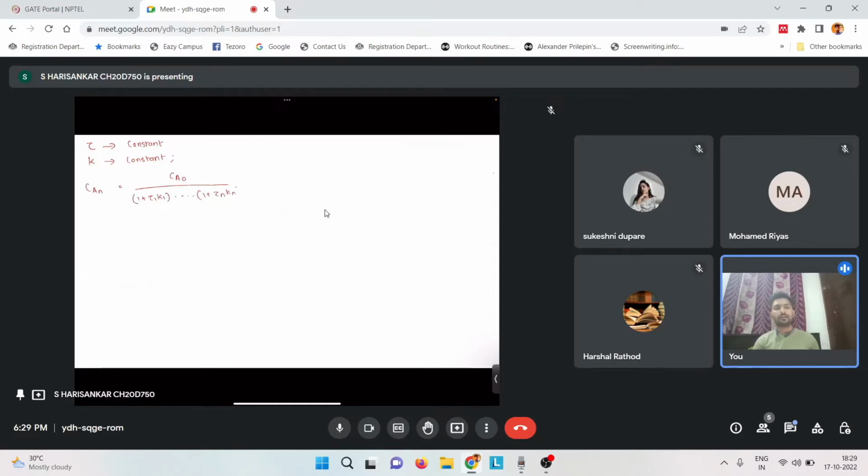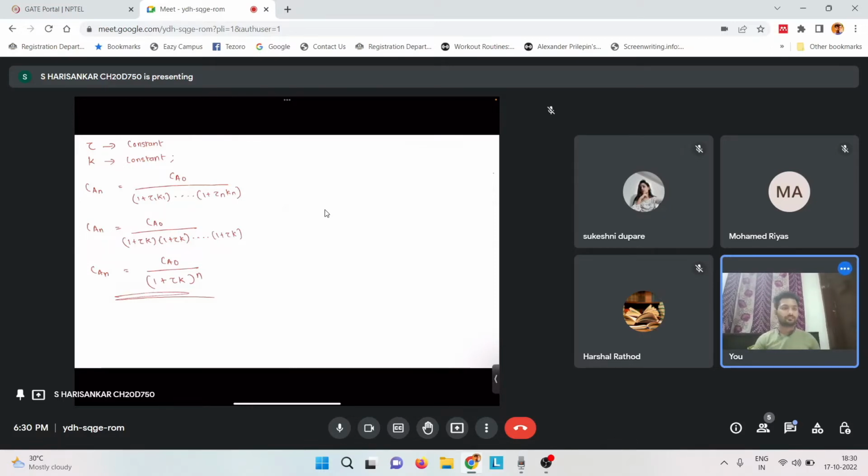So when tau and K are constant throughout the CSTR system, this equation will become Ca0 by 1 plus tau K into 1 plus tau K, etc., up to n times 1 plus tau K. Or this Can will be Ca0 by 1 plus tau K, the whole raised to n.